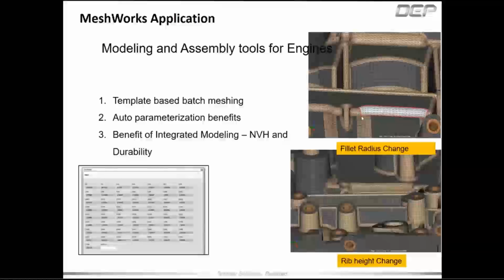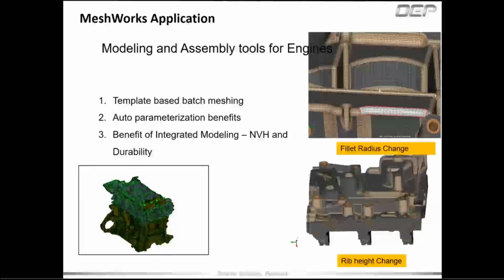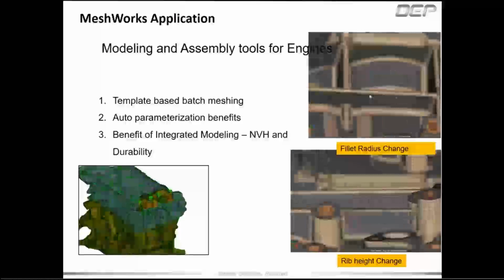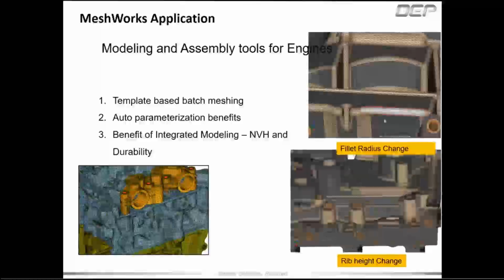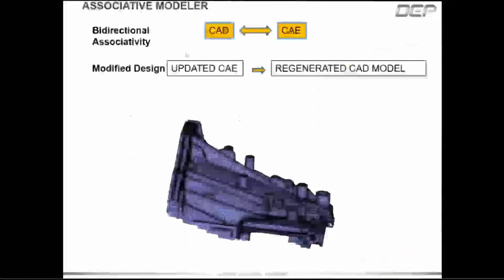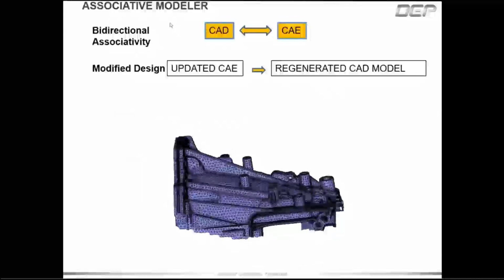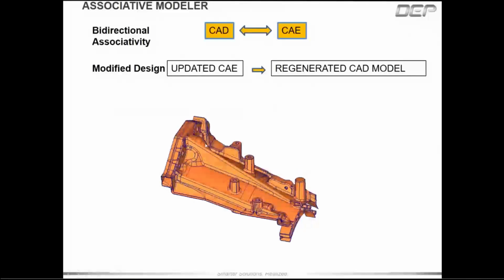So now we talk about parameterization and design changes. As we do changes on this FE model, how do we bring about all these changes to replicate on the CAD model? That comes to the next topic of associative modeler. Here we have a CAD to mesh associativity and mesh to CAD associativity. Here you are seeing a baseline mesh, an optimized FE mesh, and a baseline CAD.